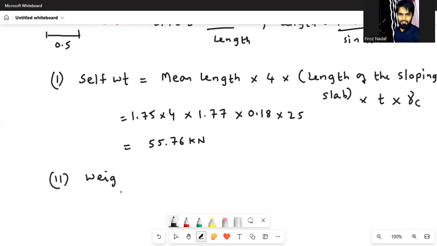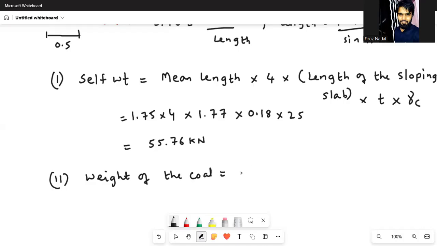Okay. So the weight that is coming on the sloping slab plus the self weight of the sloping slab. So we have calculated the self weight. Now we will see what weight is coming on the slab. That is the weight of the coal.